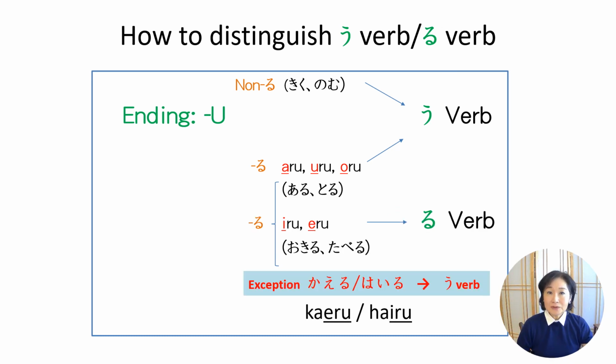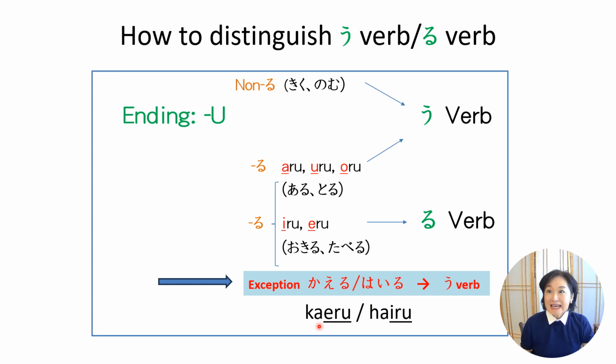However, there are a few exceptions. In the beginner's level, there are not many exceptions, but you should know that these two words are exceptions: 帰る to return and 入る to enter.